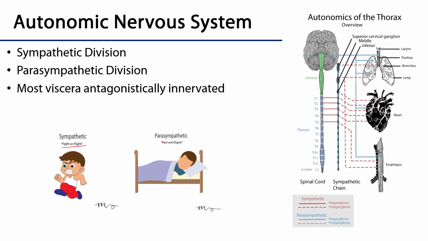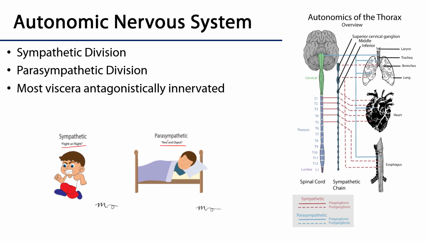The other side of the autonomic coin is the parasympathetic, or the rest and digest. These are the elements that are going to enable us to calm down and to move foodstuffs through our alimentary canal. So we would have a depressed heart rate, a depressed rate of respiration. Our pupils would constrict.